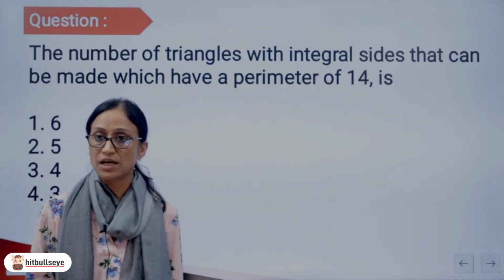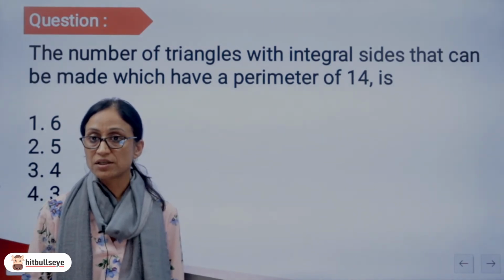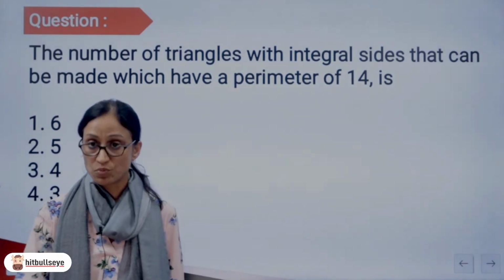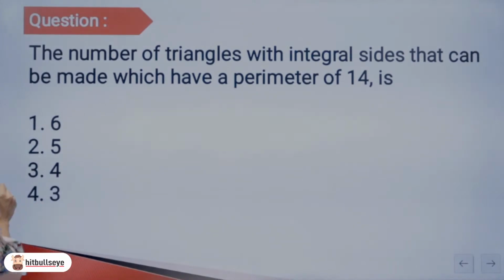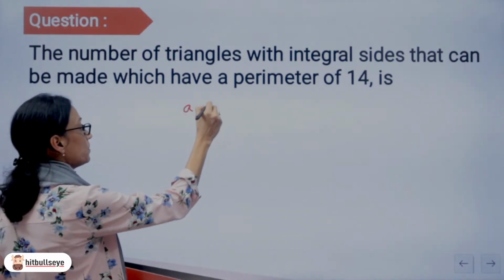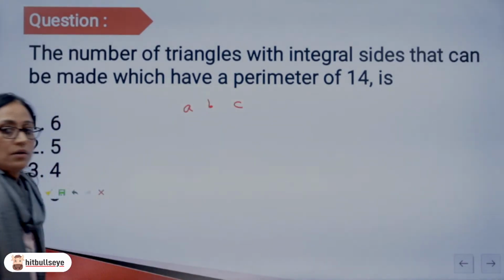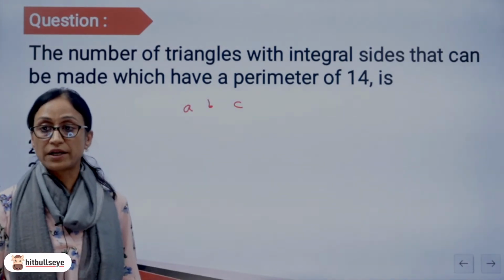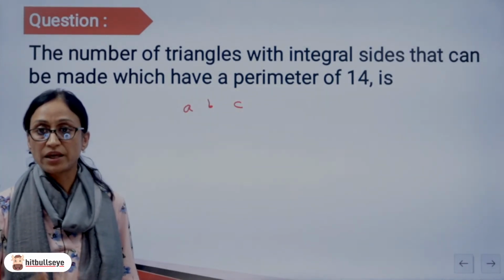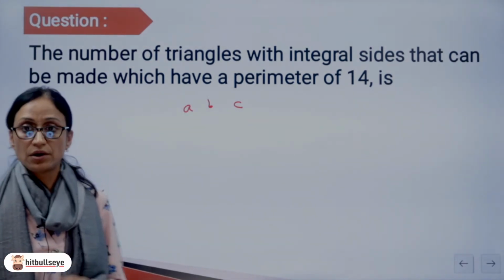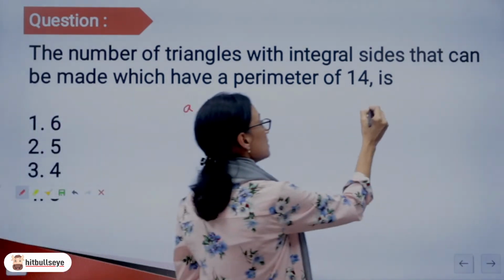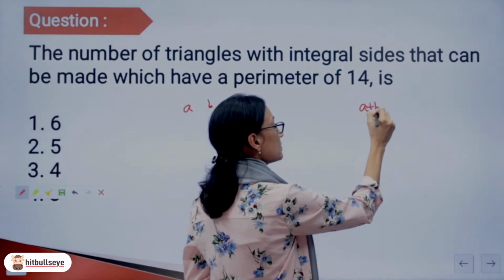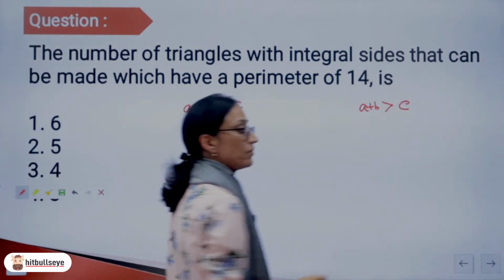The sum of any two sides is always greater than the third side, which means if we talk about the three sides of the triangle as say A, B and C, finding the number of triangles basically means that we are trying to find out how many values A, B and C can take, keeping in mind that the sum of any two sides has to be greater than the third side.